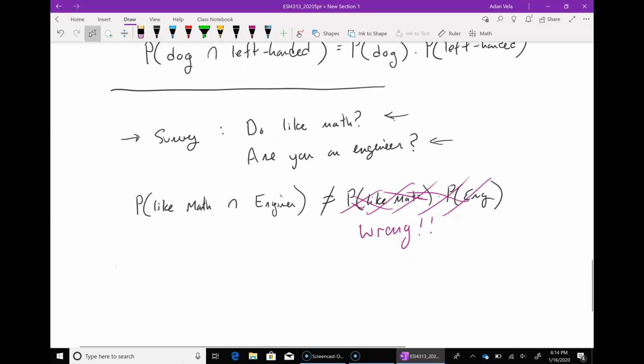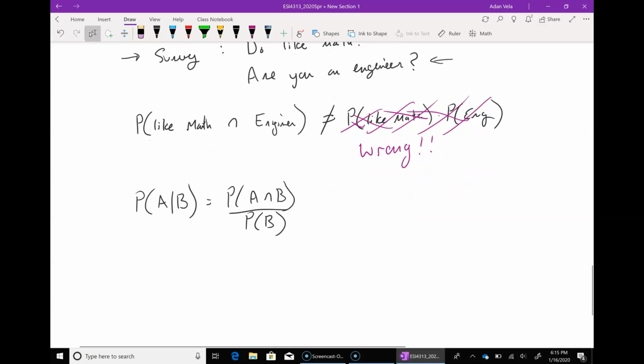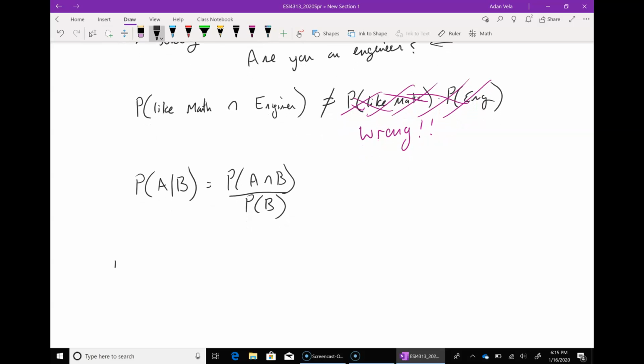Now, the closest thing we might be able to do is use conditional probability to solve this problem, because we know that the probability of A given B is equal to the probability of A and B all over the probability of B. So maybe, let's say I tell you the probability that you like math, given that you're an engineer, is about 75%.